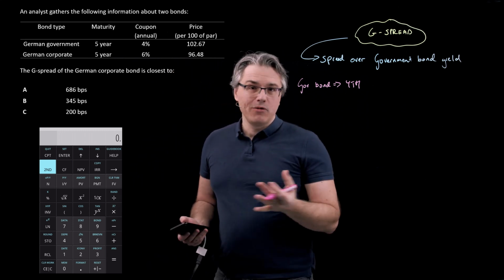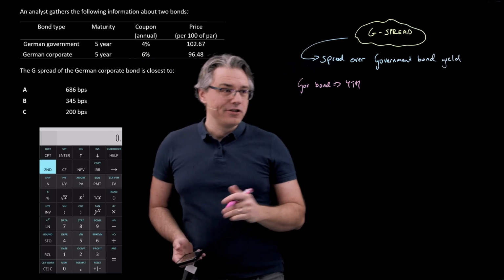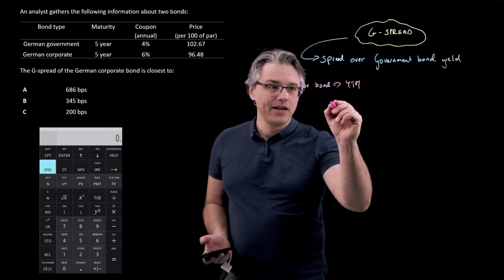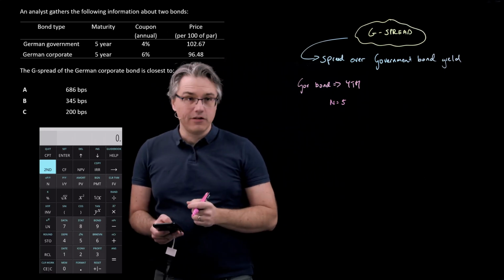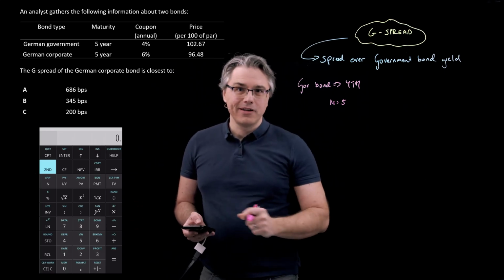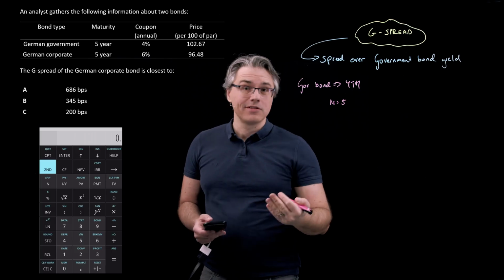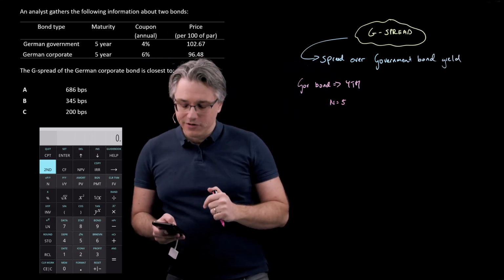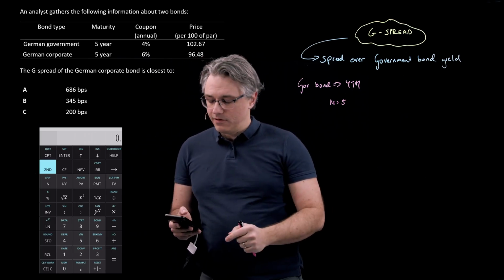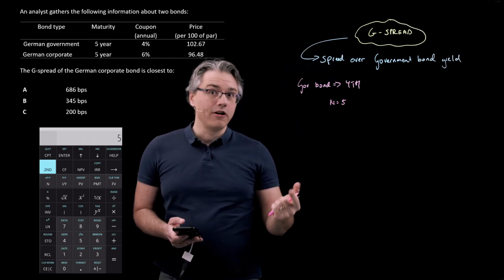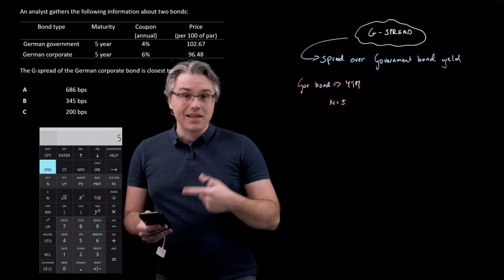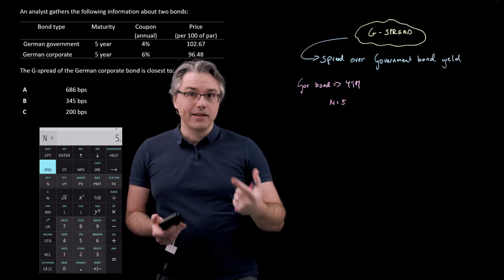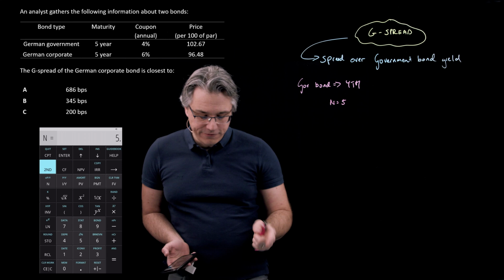In any order you wish, you can do this, but I'm going to have n set up as 5 because it is a 5-year bond. Let me remind you that when you provide inputs into the time value of money worksheet, you actually first input the value. So in this case, it's going to be 5, and you follow this up with the relevant key, such as n in this case, to tell the calculator that n should be equal to 5.